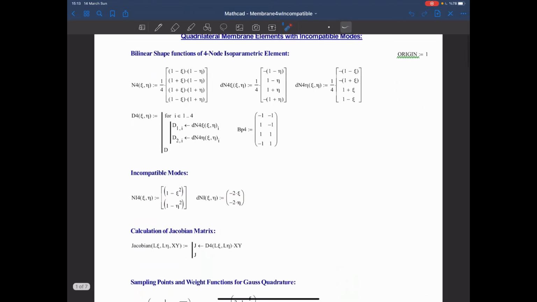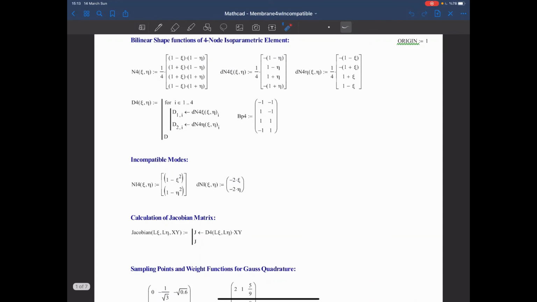Of course, the Jacobian matrix is calculated by using the bilinear shape function. Why? Because our coordinate interpolation hasn't changed. So I'm interpolating the coordinates as follows. That's why I have the same Jacobian here.